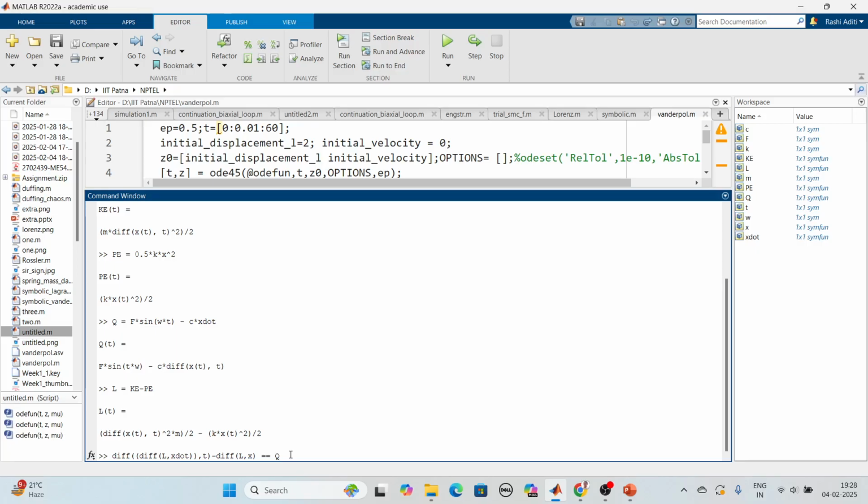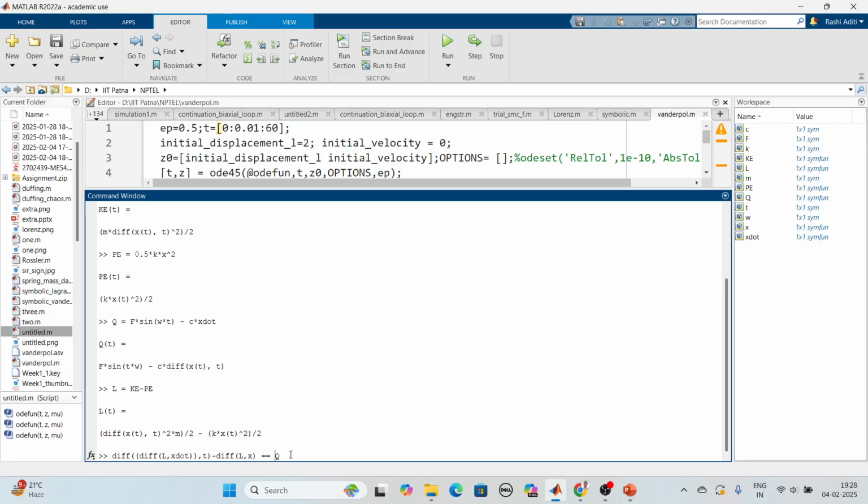If I define m and k as symbolic and define x equal to m into k, it will show that x is a function of m into k.